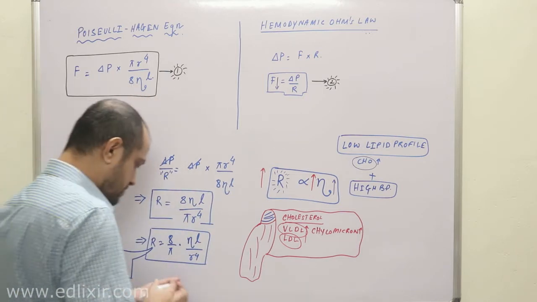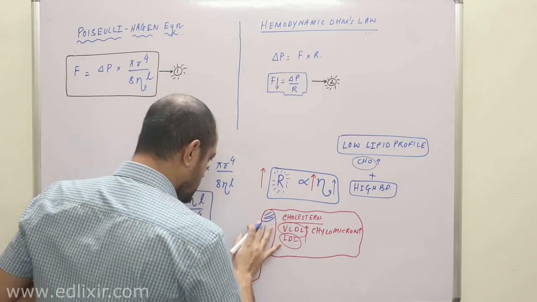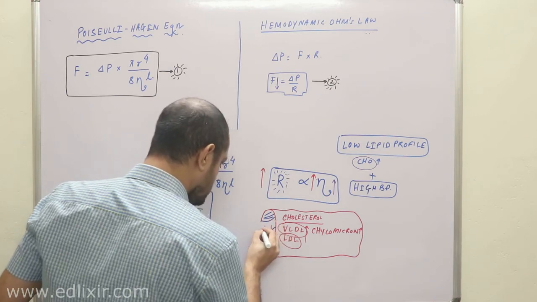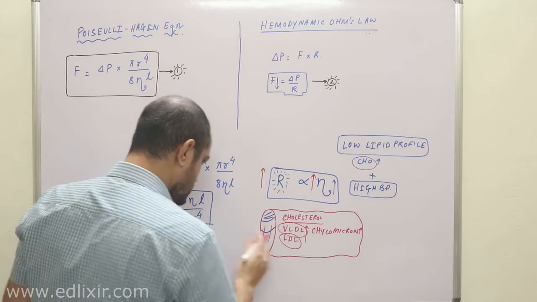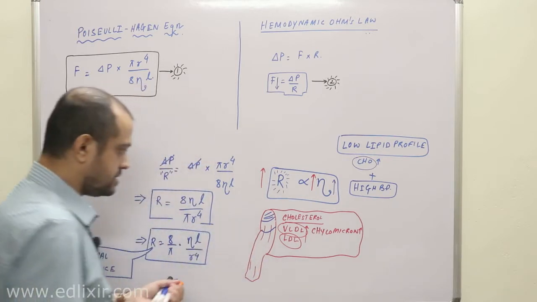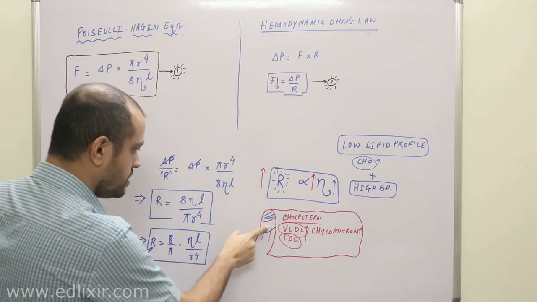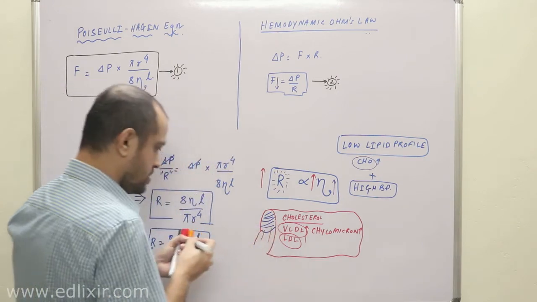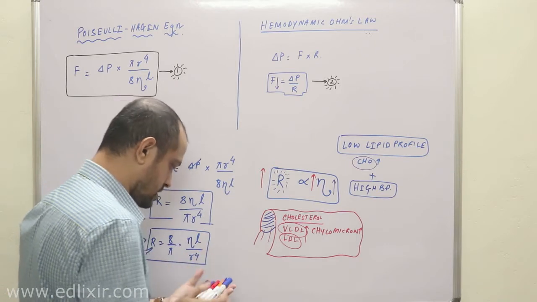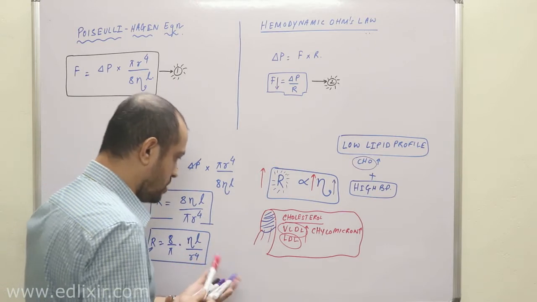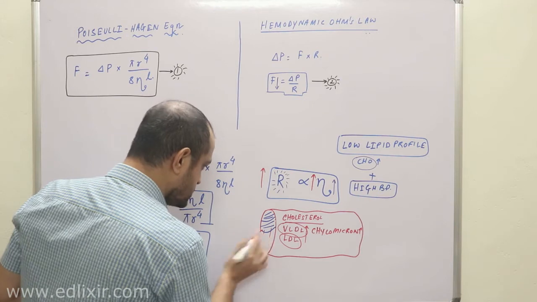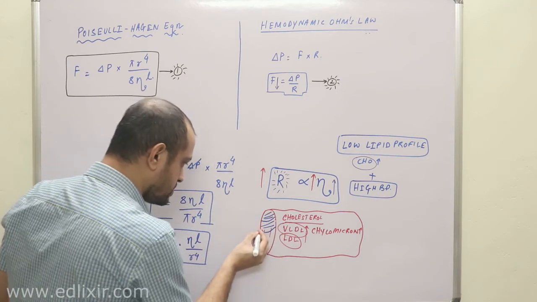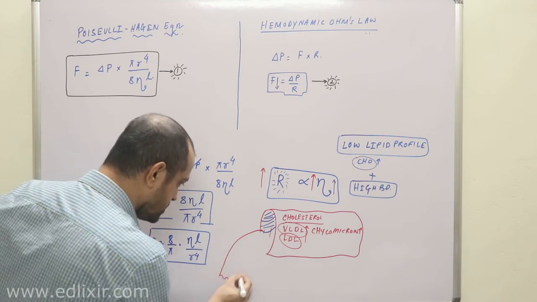Now listen, if this happens, lipid concentration has increased, and due to this the blockage has been increasing. Now a very interesting part you need to understand here is this: when the radius becomes smaller, the blood pressure will increase, right?